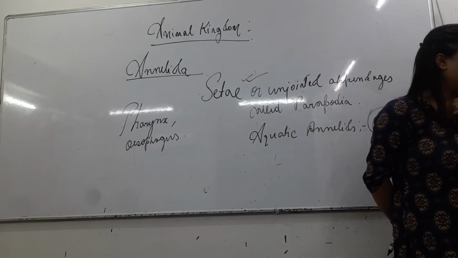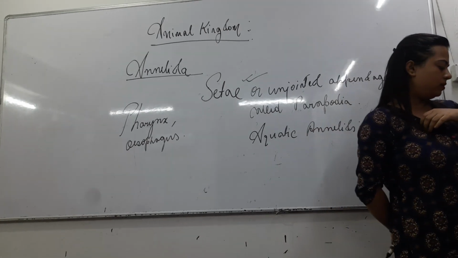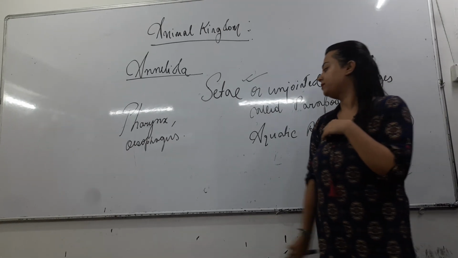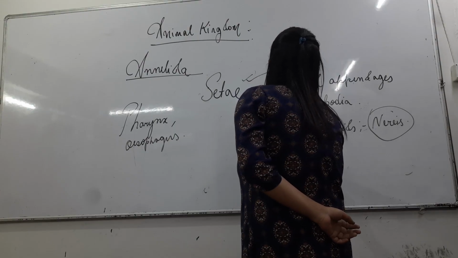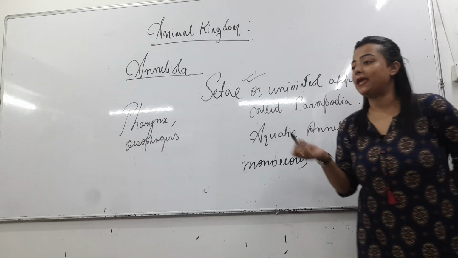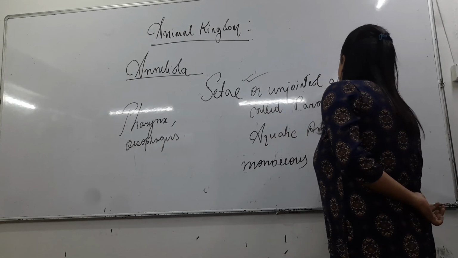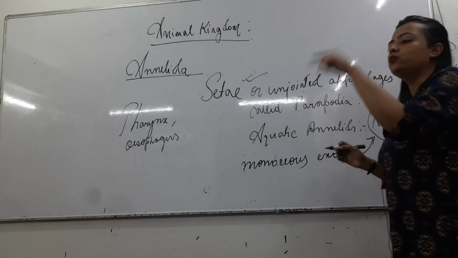Now you write it down. All annelids are monoecious. What do you mean by monoecious? That means the male and female parts are present in the same individual. Except Nereis, which is dioecious.